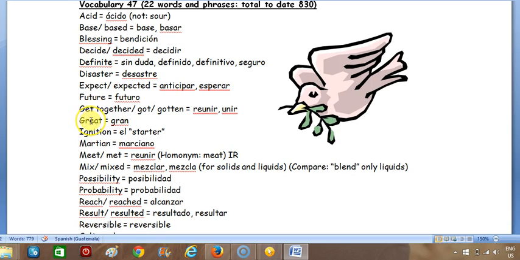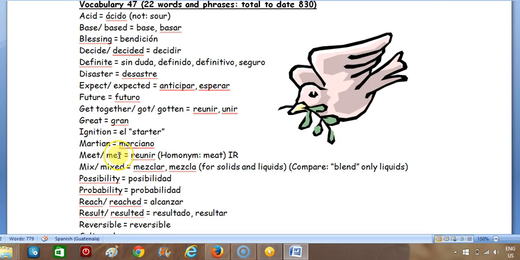Get together. Great. Ignition. Well, in Guatemala they call it the starter. I don't know what in other nations they call it. Martian. Meet. Past tense, met, and the participle is also met. So it's a vowel change.